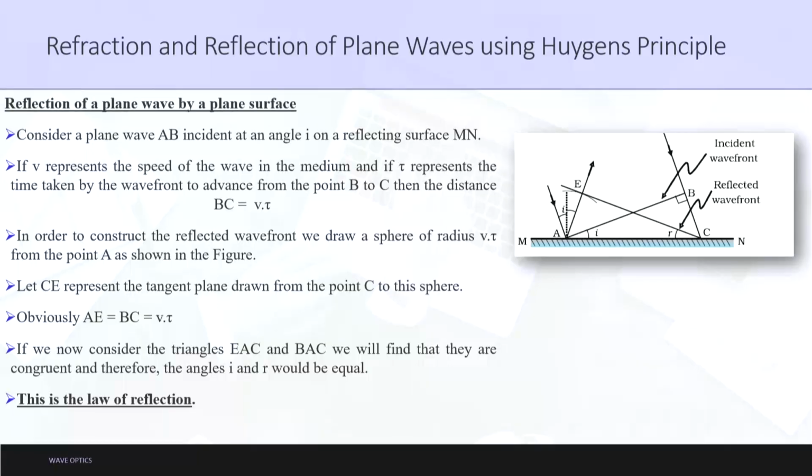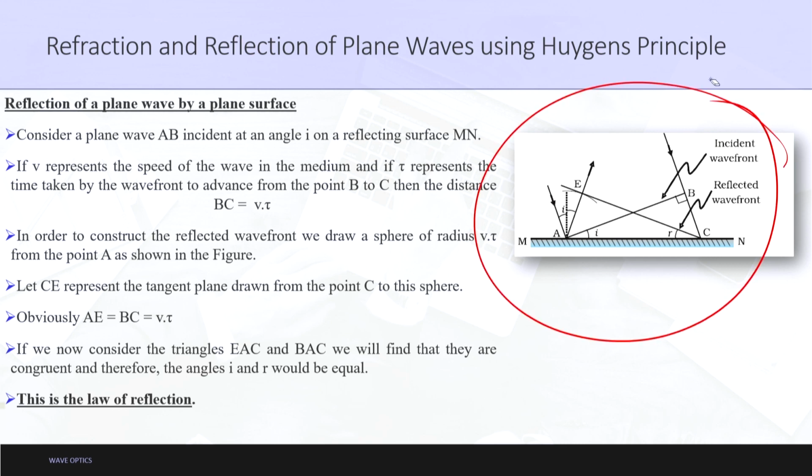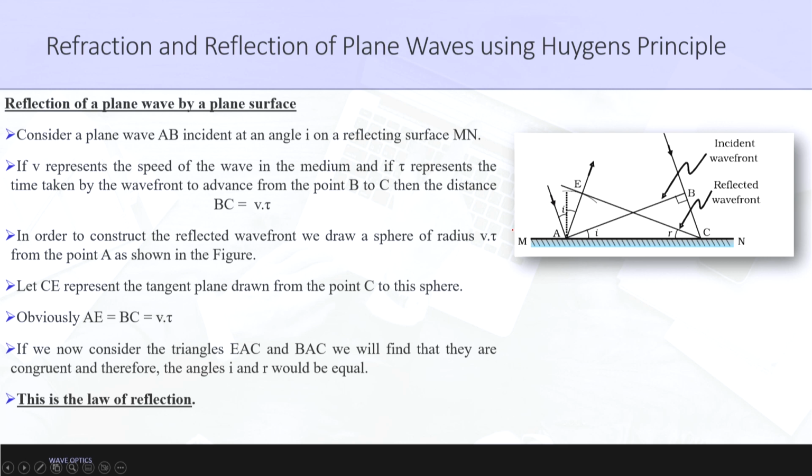Now, after the refraction is completed, let us move on to the reflection of plane wave by a planar surface. So, now let us understand how the reflection is being understood using the Huygens principle. So, now reflection of a plane wave by a planar surface. Just first of all look at this right figure, just to iterate to you what is happening here.